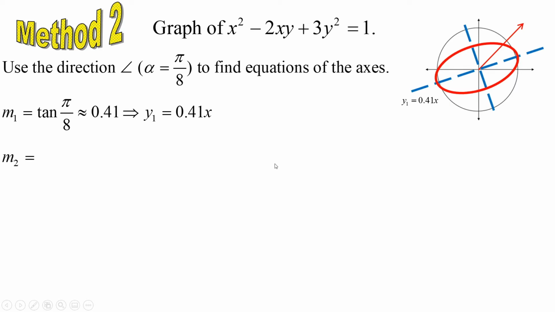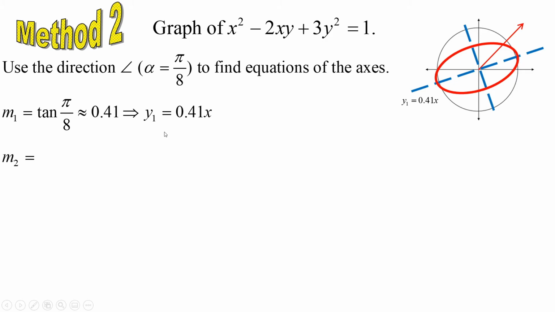Okay, let's find the slope of this minor axis right here. And they call them major axis and minor axis because they talk about just the part of this line that is within the ellipse. All right, and the longer segment would be a major axis, and the shorter segment would be a minor axis right there.